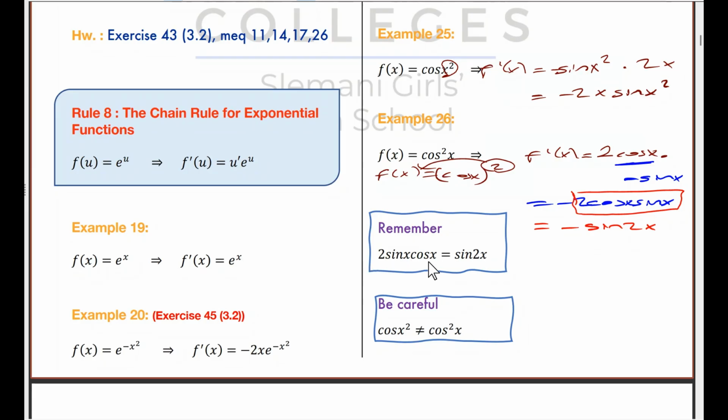So 2 sine x cosine x is equal to sine 2x, one of the trigonometric identities. That's important. We need to know this because sometimes we don't have the answer in the options. We should rewrite it. And we also need to be careful about the powers. Having the power for the angle is not the same as having the power for the function. They are totally two different things, and their derivatives are also different. So be careful.